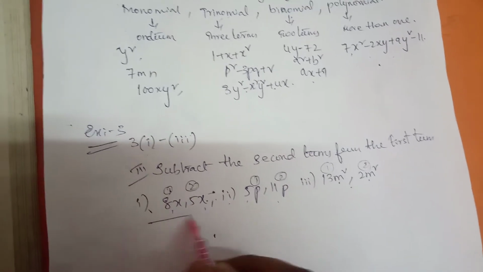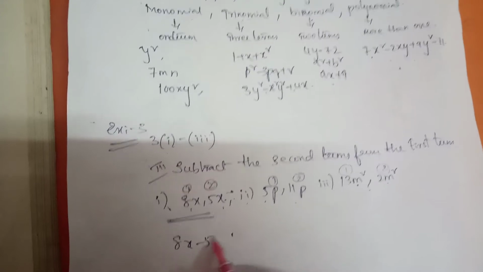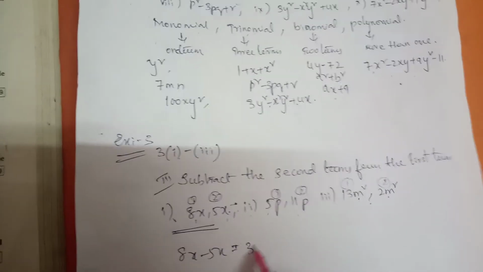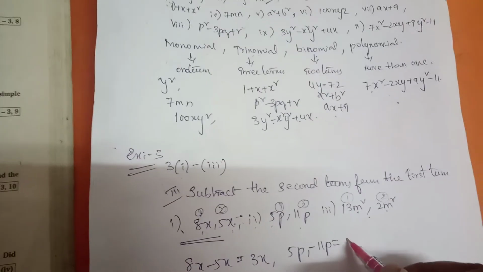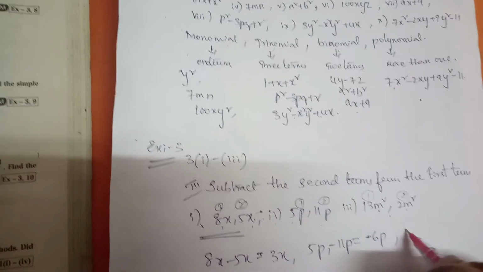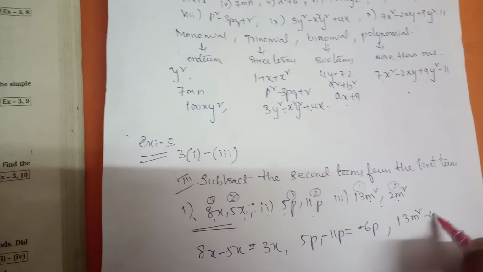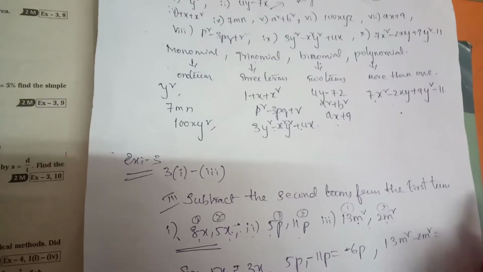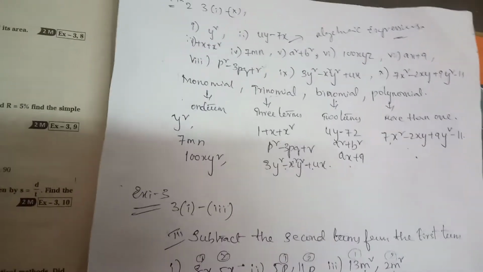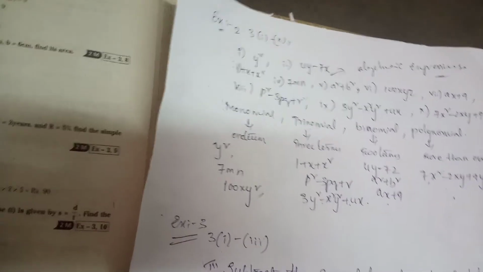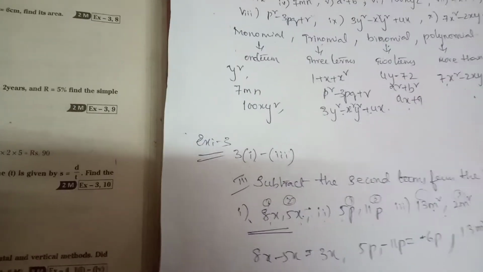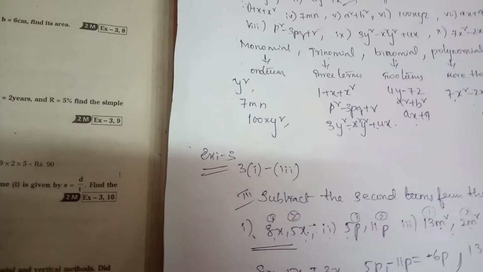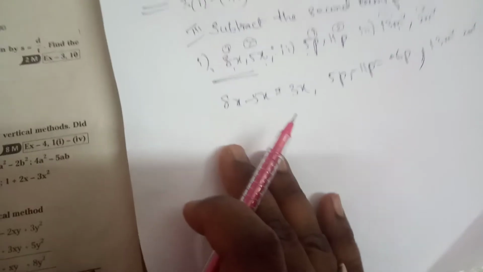So see, now 8x minus 5x, how much? 3x. 5p minus 11p, minus 6p. 13m square minus 2m square, 11m square. We subtract the second term from the first term. Okay, understood? Now, next problem.